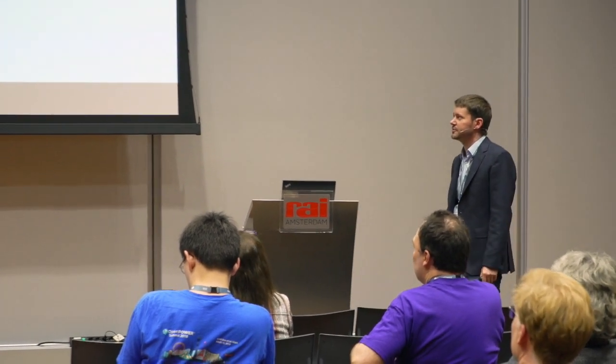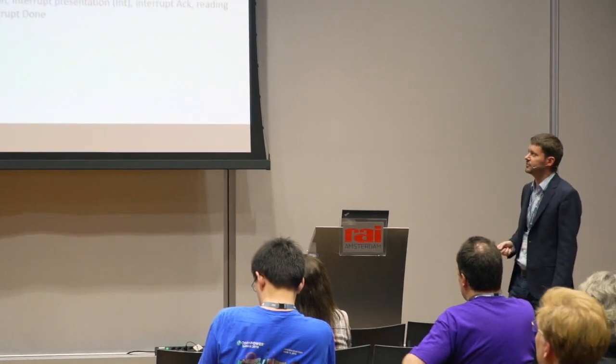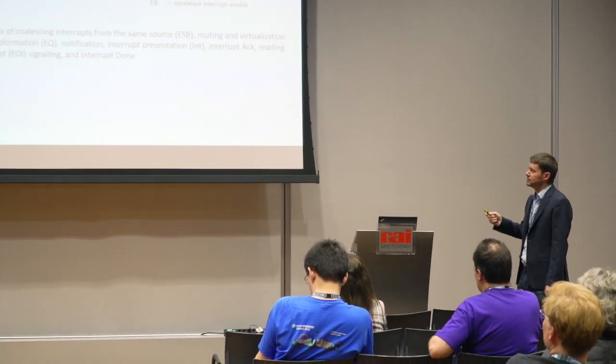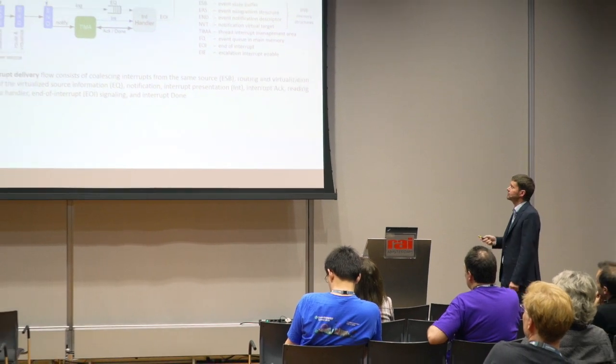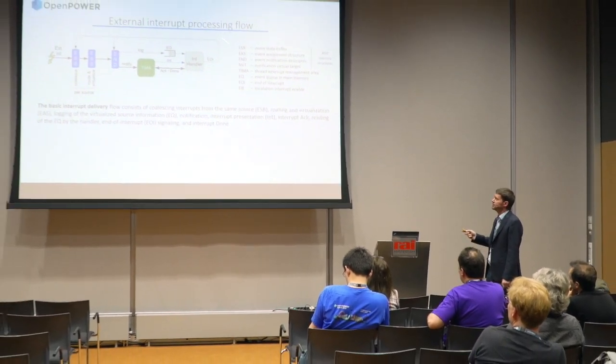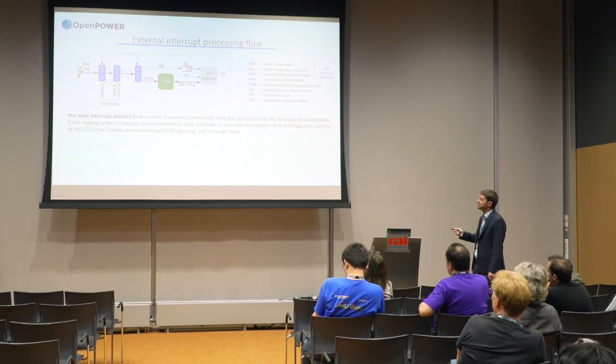So relating back to the initial layered structure of the interrupt architecture, we have three main memory structures for delivering interrupts, which are called the event state buffer, the event assignment structure, and the event notification descriptor.